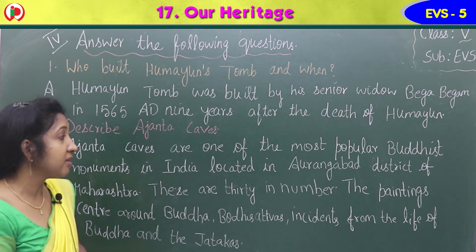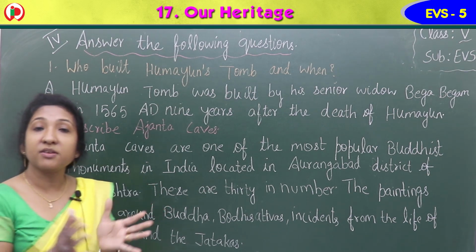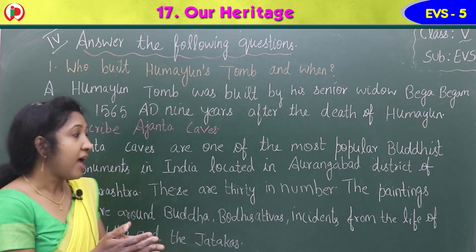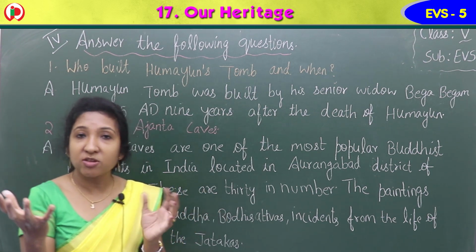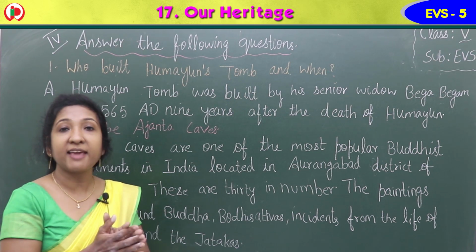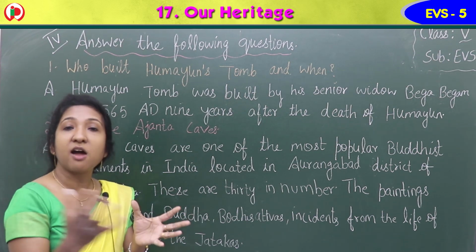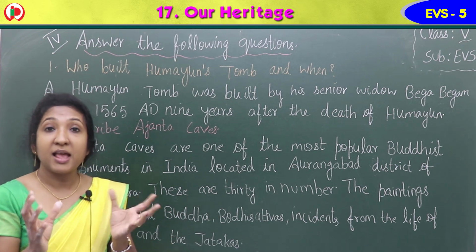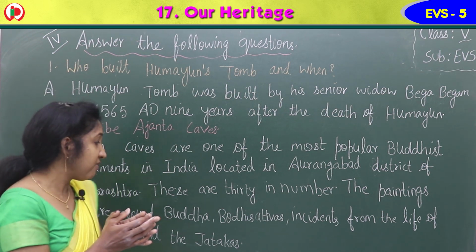There are 30 caves in total, and two types of architecture are mainly related to these caves. Here we can see paintings centered around Buddha, the lifestyle, everything is there. Paintings we can see in these caves.